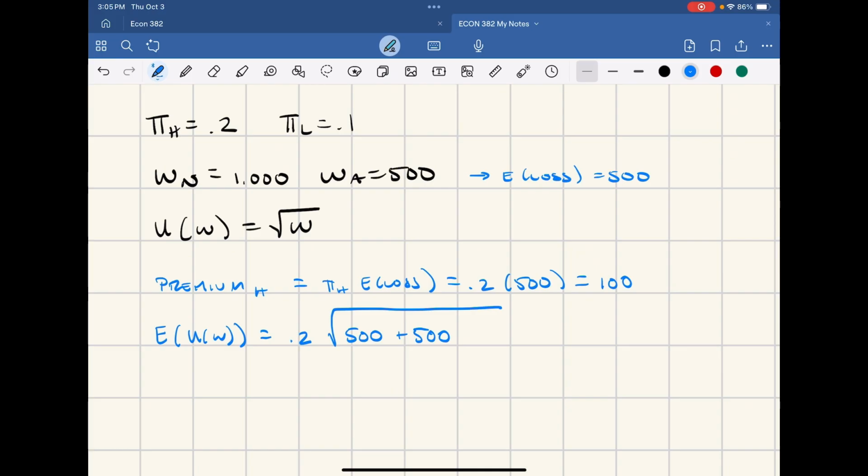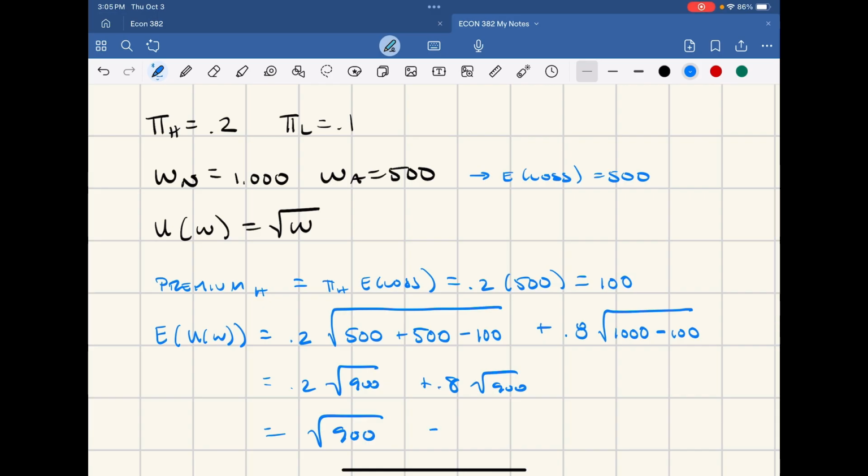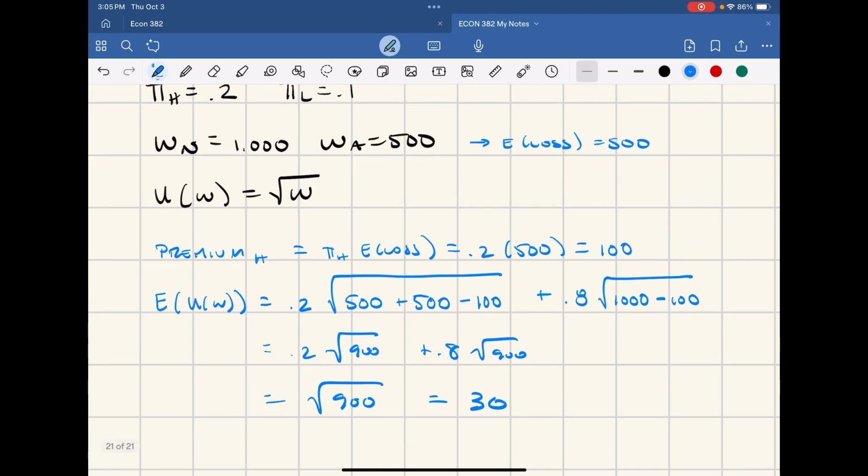They would get the full benefit minus the premium that they'd have to pay for that full benefit, plus the probability that the unlikely event didn't happen times their wealth without the event minus the amount they pay in premium. Now both of these will lead to 0.2 square root of 900 plus 0.8 square root of 900, which is just equal to the square root of 900, which is equal to 30. So their expected utility is 30 under full insurance.